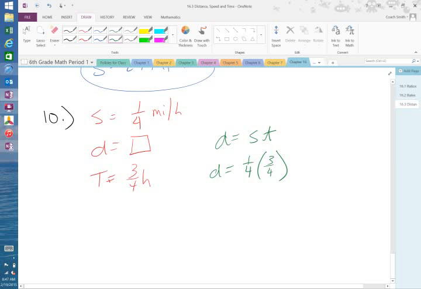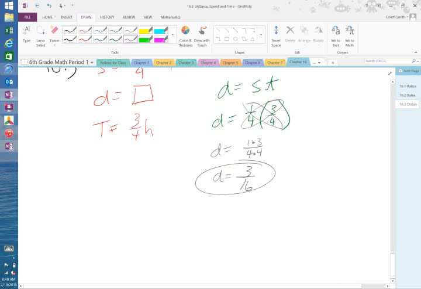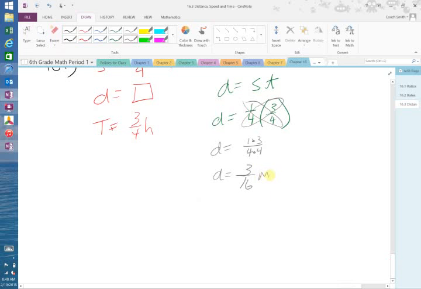I can't do the Jimmy Neutron on any of it. There's no common factors. So I just take 1 times 3 on top, 4 times 4 on bottom, and that gives me D is equal to 3/16. And let's not forget our correct label, miles.